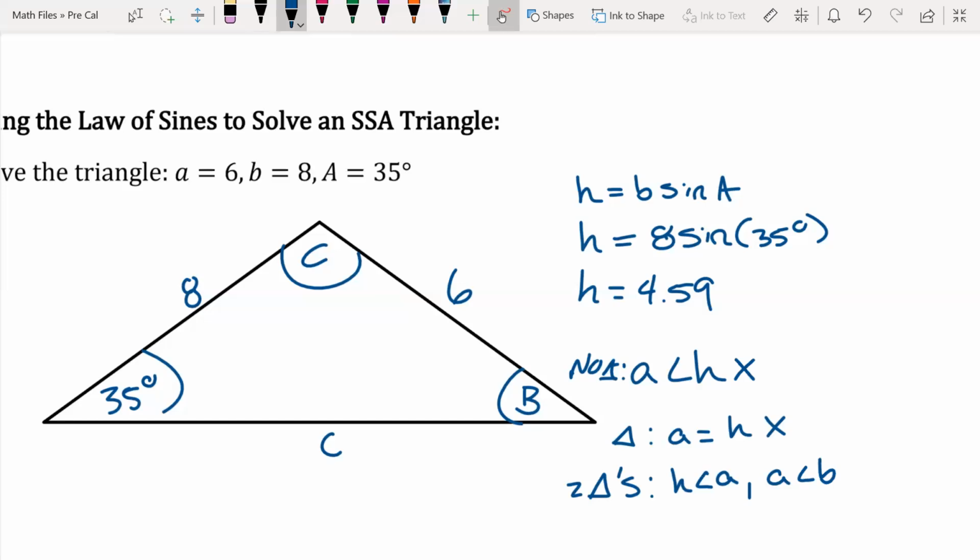That looks like our guy right there. There we go. Once I say it correctly, right? So we have two triangles. All right, so that's where we stop.